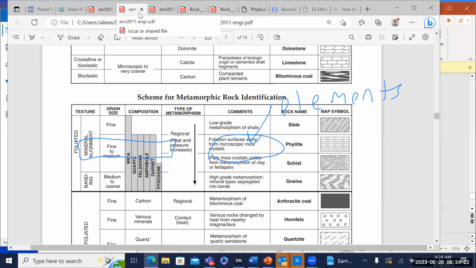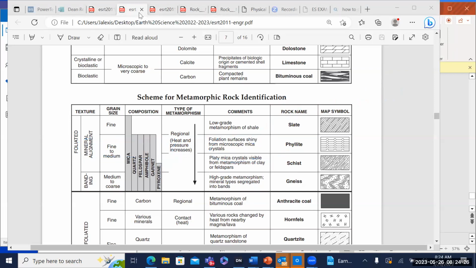Page 7 of the reference tables. All right. So on page 7, when I go to gneiss, I look at composition, because composition tells me what minerals make up the rock gneiss.